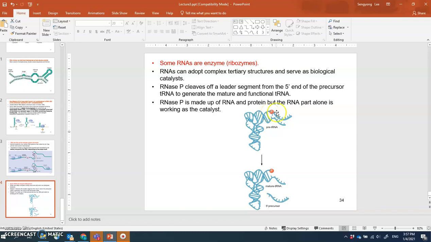Its 5' end is cut off. That cut is made by this unique enzyme called RNase P, which is made up of another RNA molecule. So that cutting is made by the RNA portion of the RNase enzyme. That's what it means: RNA can cut other RNA. That's the example of a ribozyme.